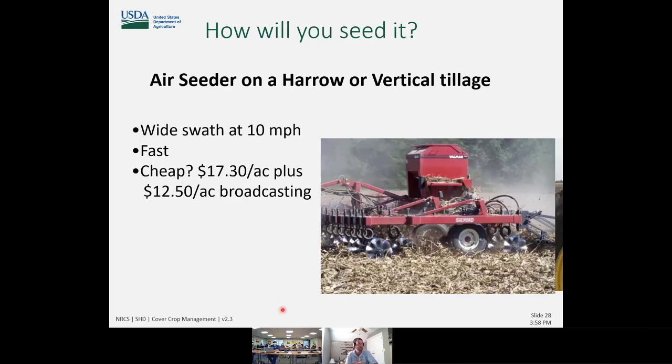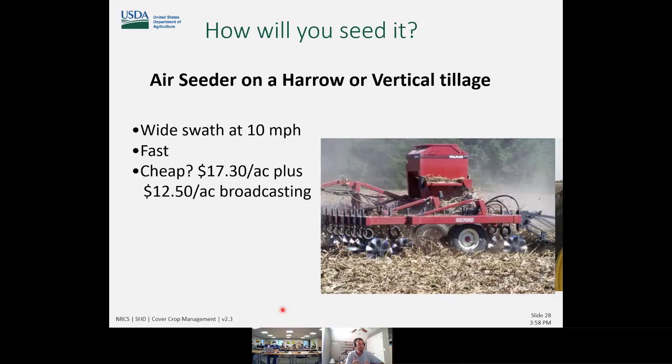However, when we did some looking, that is $17.30 per acre, plus it would cost $12.50 per acre to broadcast it if that was done as a separate operation, where you broadcast it and then had the vertical tillage or a harrow. But we could just lump those into that $17.30 per acre if it was all combined in one operation.